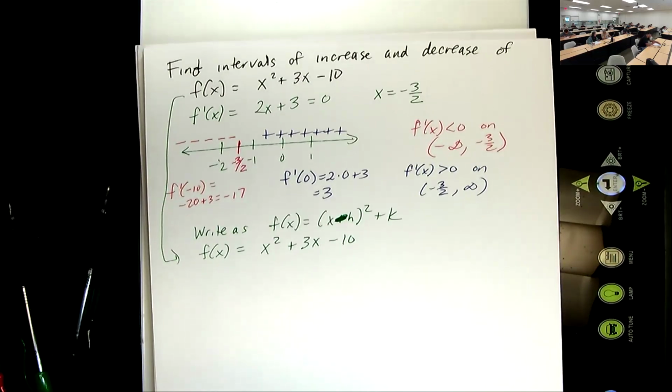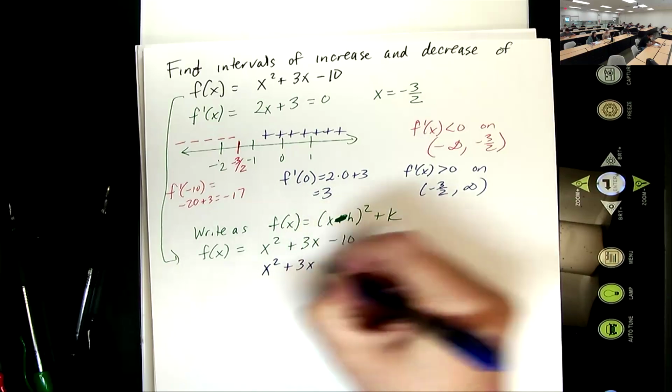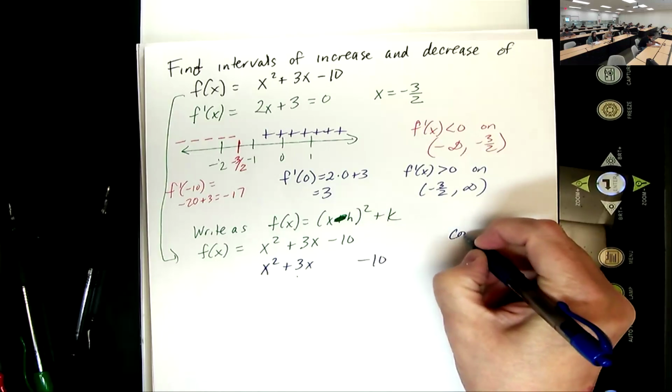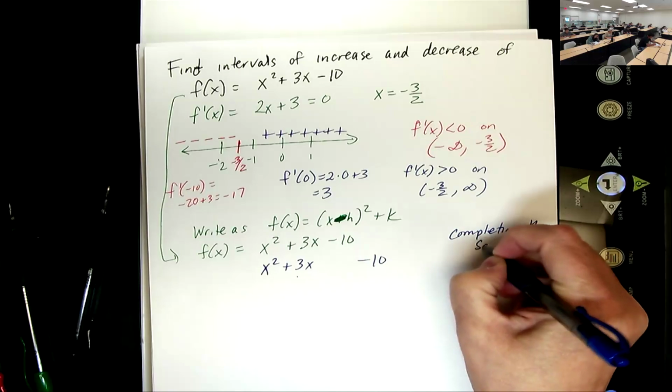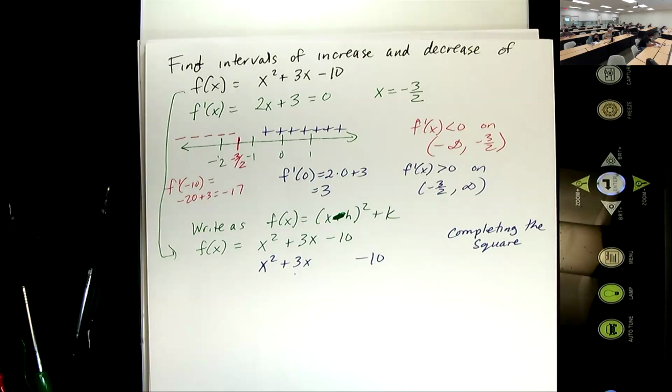So what I'm gonna do is make a little space between the 3x and the -10. And this is called completing the square. In fact, if you only took algebra in high school, your algebra teacher may never have taught you it.